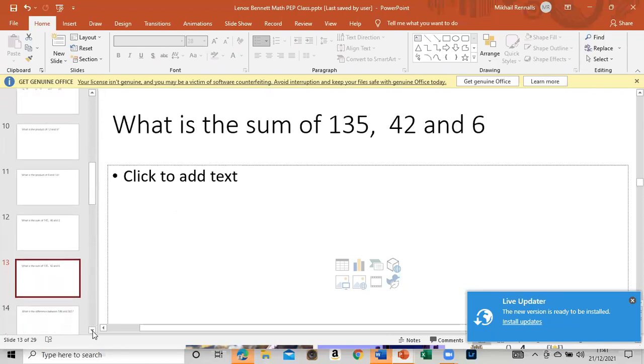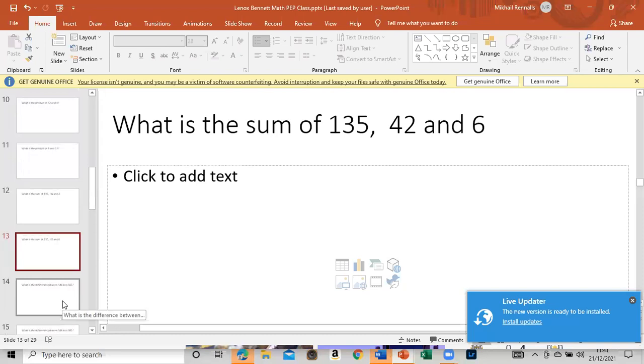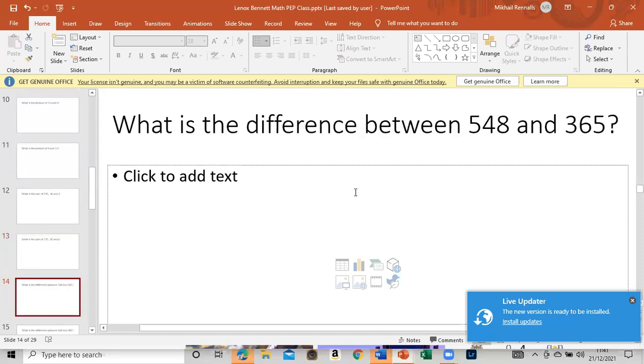All right, let's move on now. What is the difference between 548 and 365? 548, remember, no calculator, minus 365. 183. Whoa, that was quick.